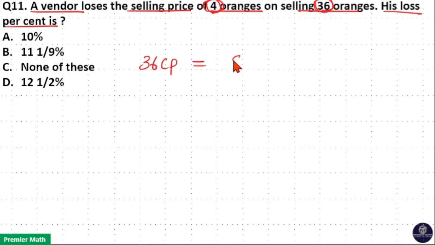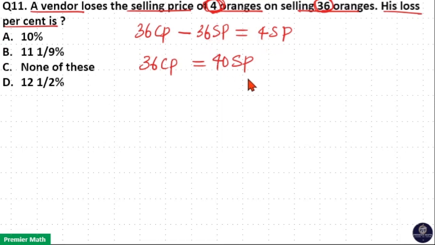That is the sell price of 40 oranges. That is, cost price of 36 oranges minus sell price of 36 oranges is the loss here. Loss here is equal to the sell price of 4 oranges. That is 4 SP, which means total cost price is 4 SP plus 36 SP, which is 40 SP. That is the sell price of 40 oranges.